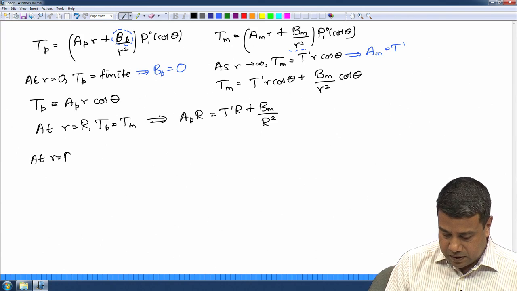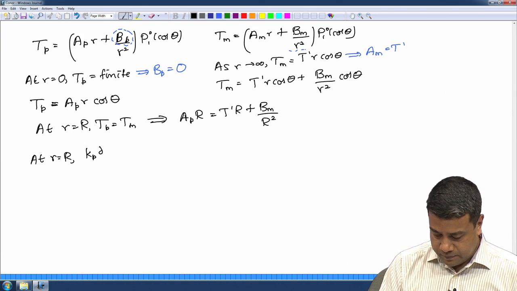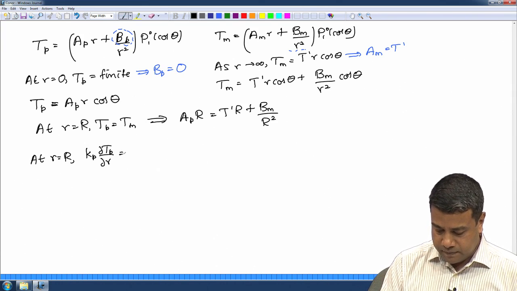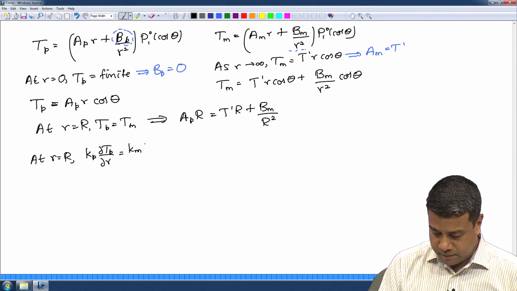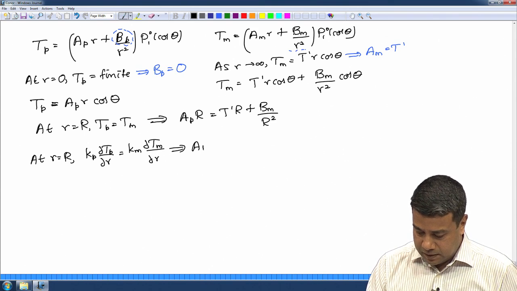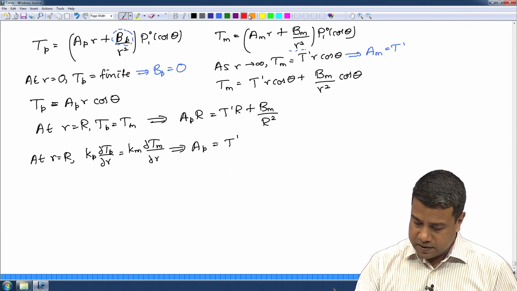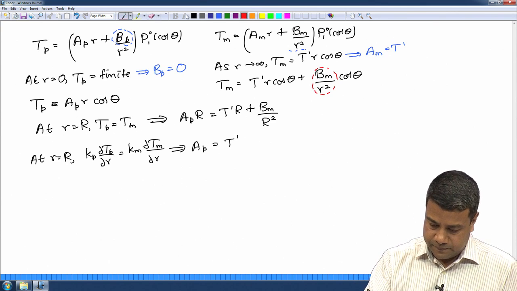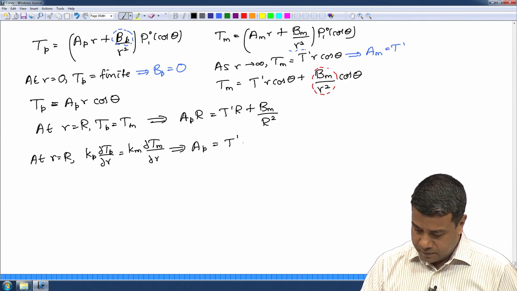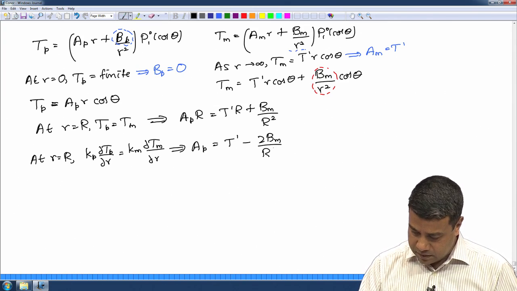Also, at r equal to R, the fluxes have to be equal. What this implies is that A p is equal to T prime, and when I take the derivative of this term with respect to r, I will get minus 2 B m by R cubed.